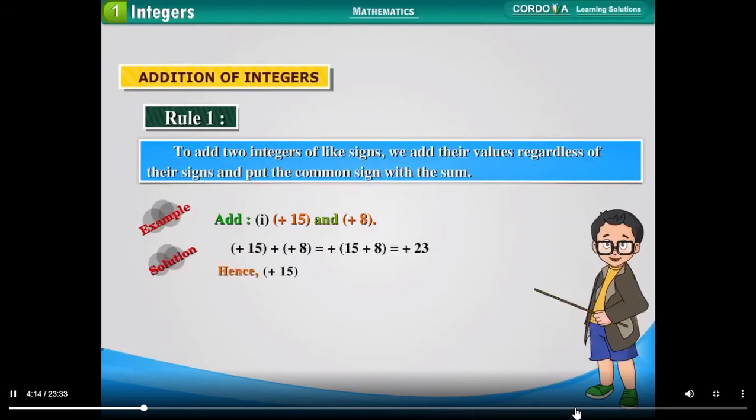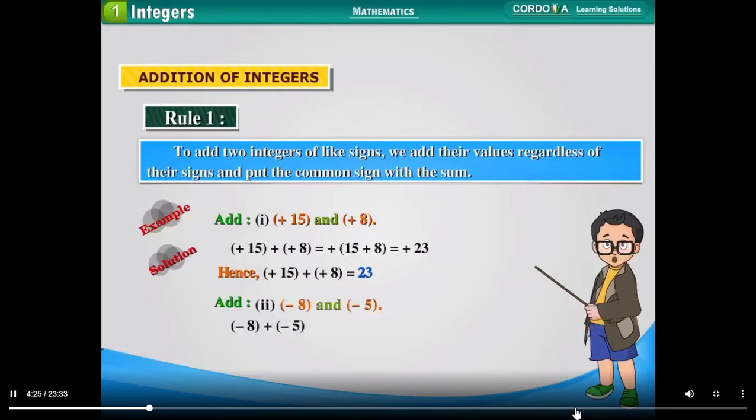Hence, +15 plus +8 is equal to 23. Add -8 and -5. -8 plus -5 is equal to -(8 plus 5), which is equal to -13. Hence, -8 plus -5 is equal to -13.